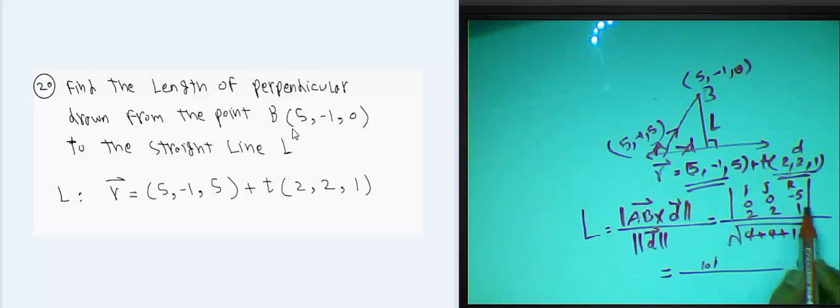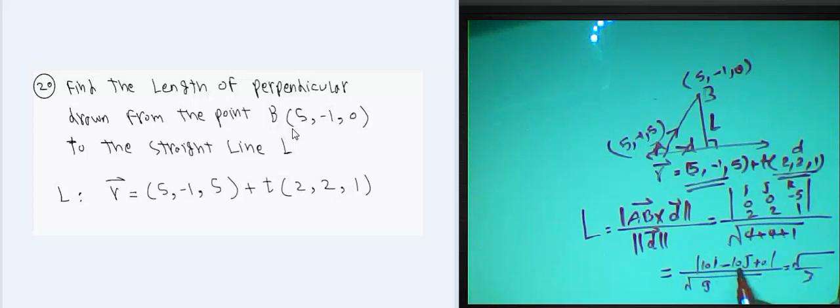J, it will be negative 10 J, and K equals 0. We can write the square root of 9, it will be 3, and here the square root of 10 plus 10, it will be 10 and negative 10 and 0. Write the square root of this vector, 100 plus 100 equals 200. Square root of 200 over 3, it will be 10 root 2 over 3.